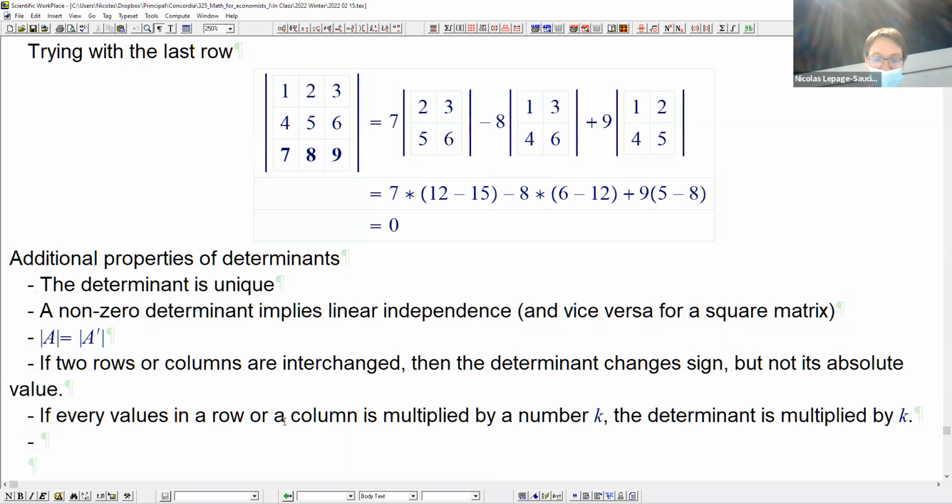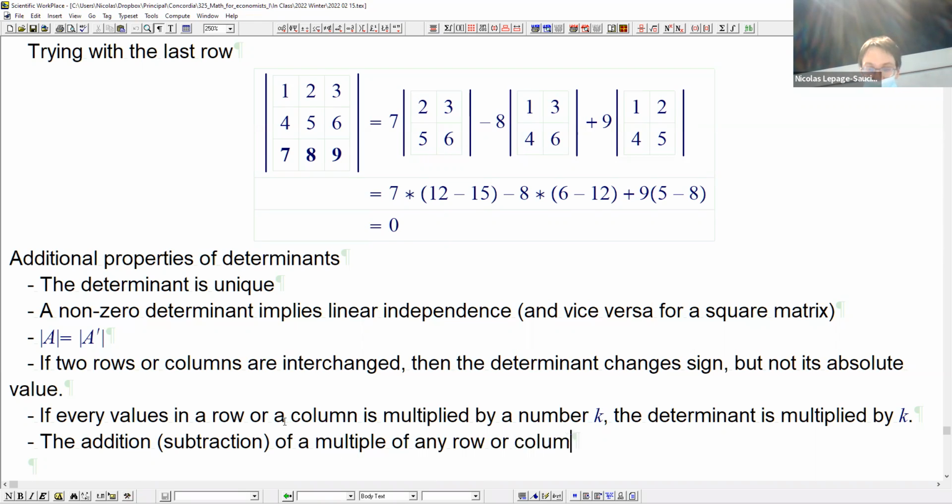And then lastly, the addition or subtraction of a multiple of any row or column to another row or column does not change the value of the determinant.